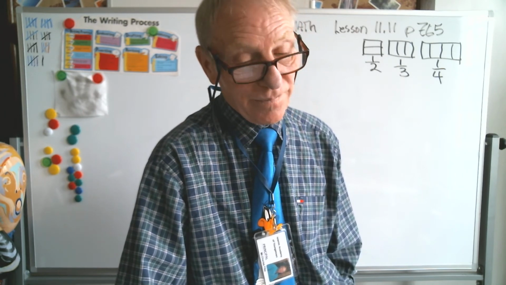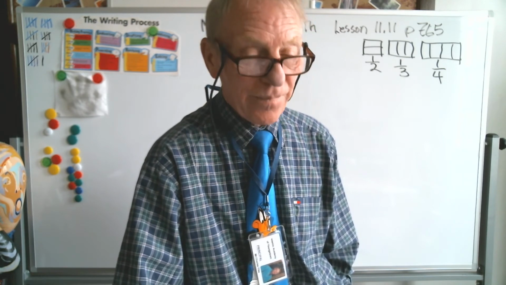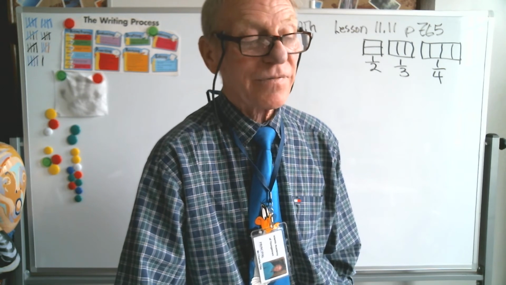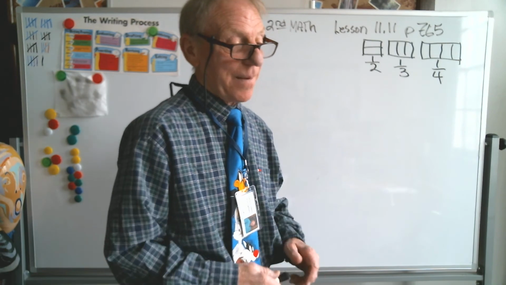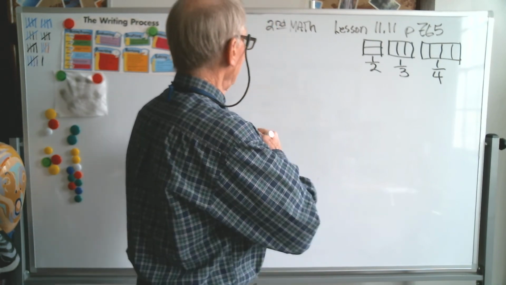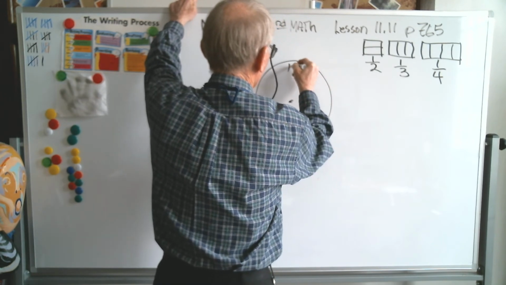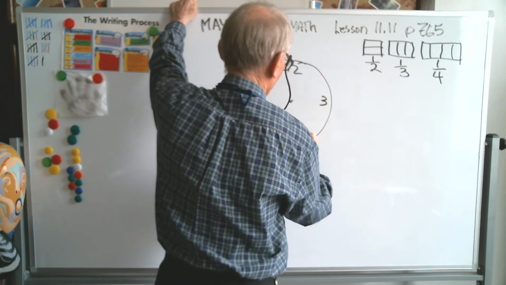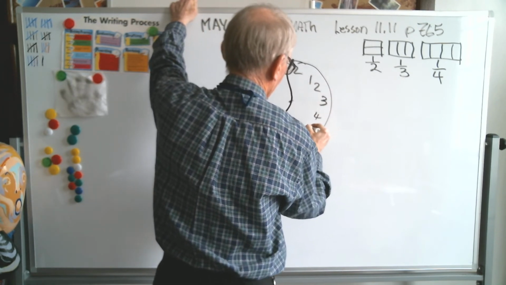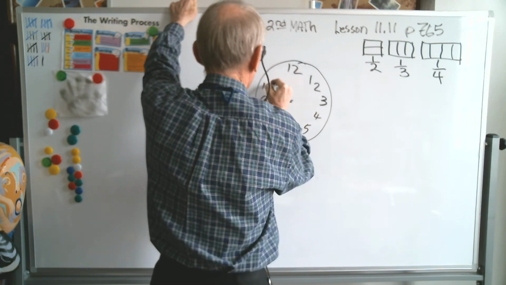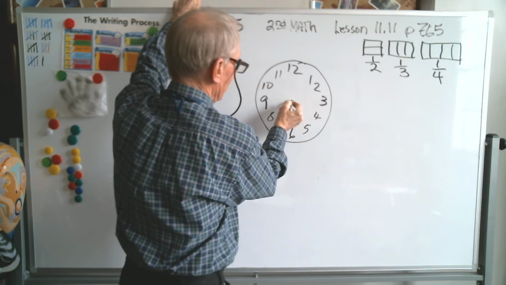Then finally, it's asking you, which is another way to write 10 minutes after 9. Now this goes back to being able to tell time. You got your clock. And it's saying it's 10 minutes after 9.